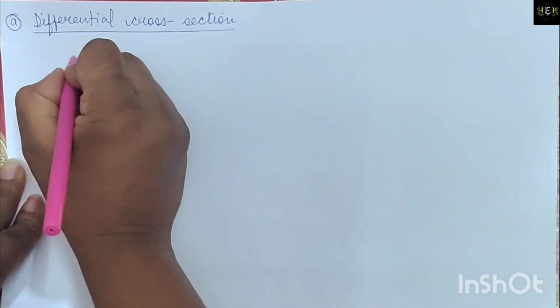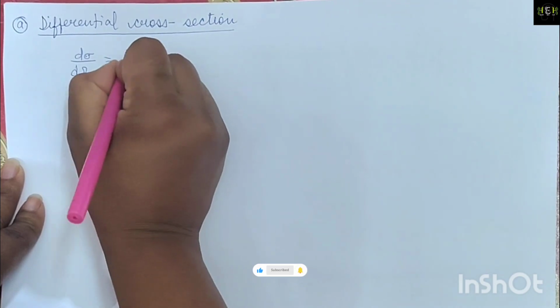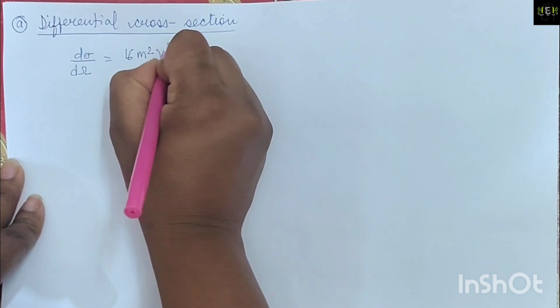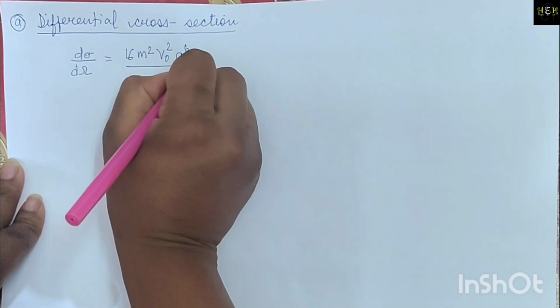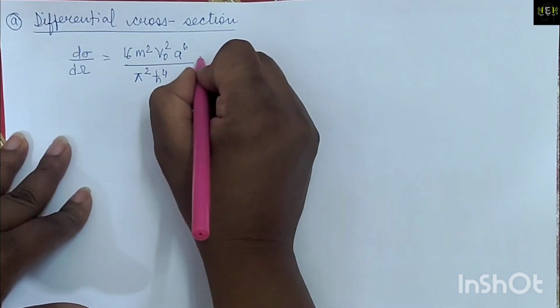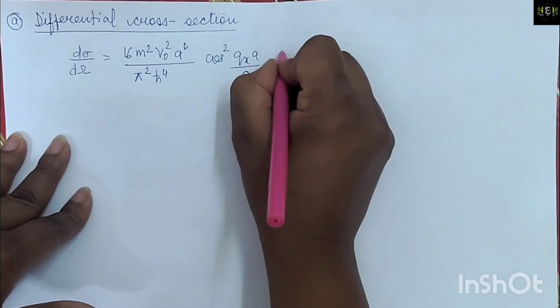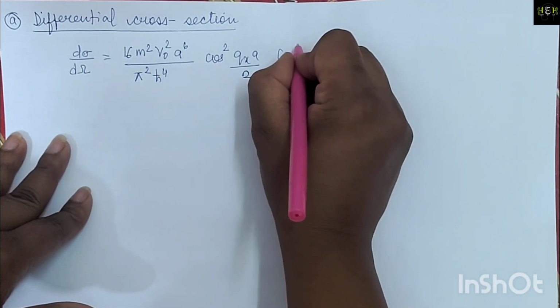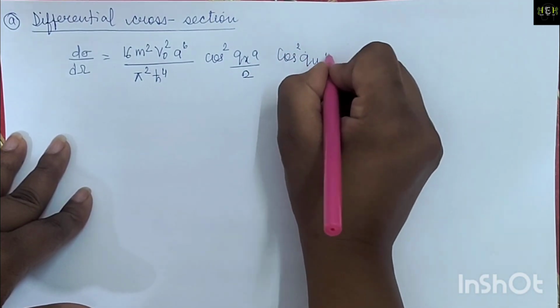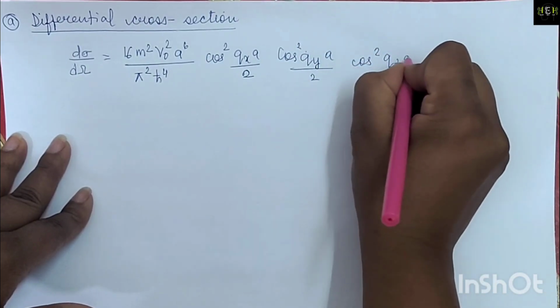So what will I have? d sigma by d omega is equal to 16 m square V naught square a to the power 6 divided by pi square h cut to the power 4, because everything is squared, right? Yesterday only I told you the relationship, that it is a square term. So cos square of qx a upon 2, cos square of qy a upon 2, and cos square of qz a upon 2.